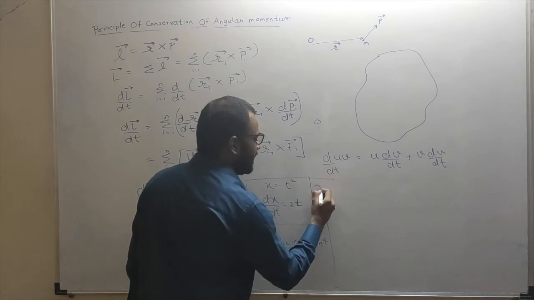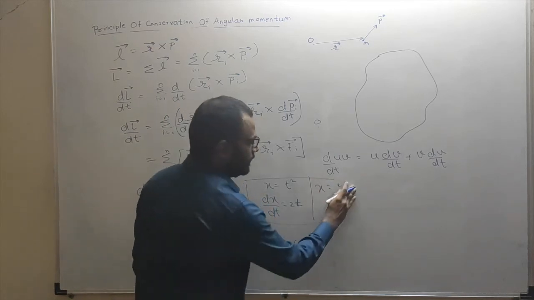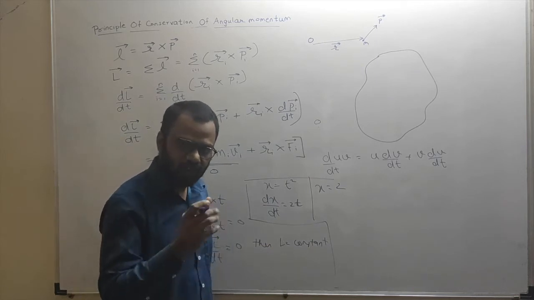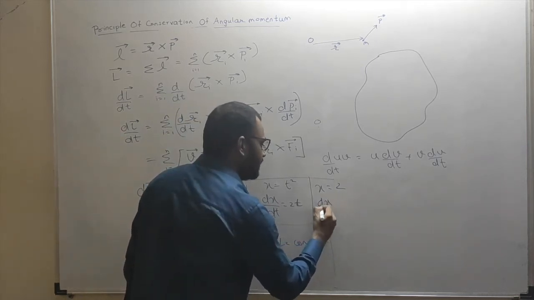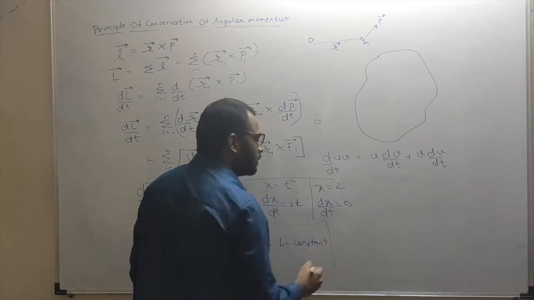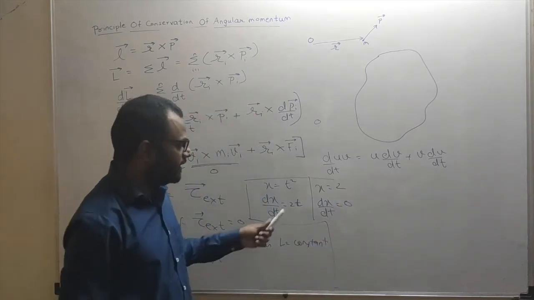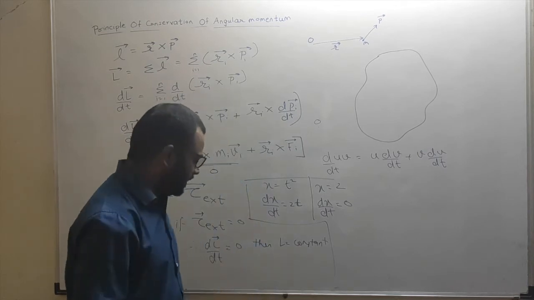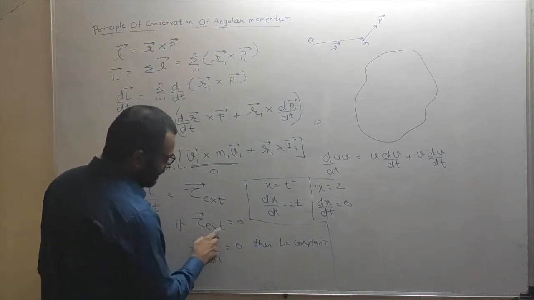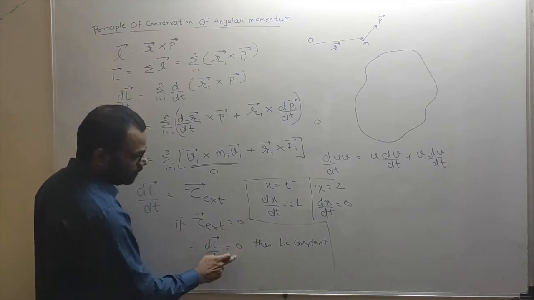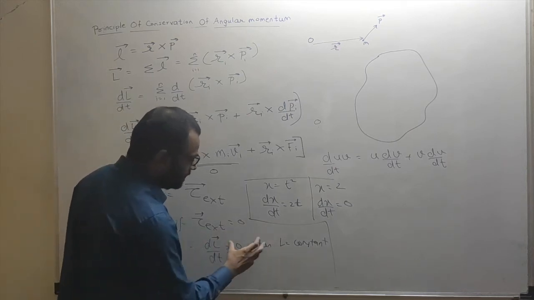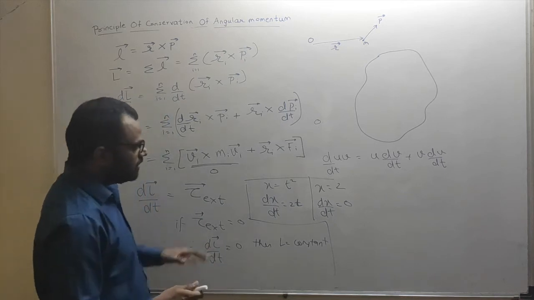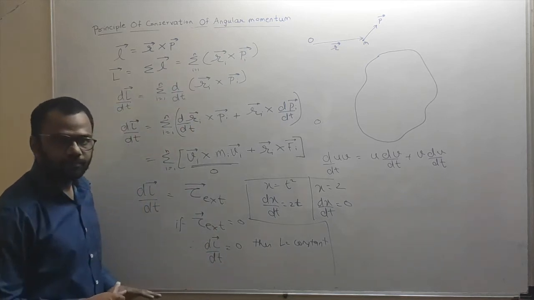But if I say x is equal to 2, then even if time changes, x will remain 2 because it is a constant. So dx by dt will be equal to 0. Or we can say if dx by dt is 0, then x must be some constant number. In the same way, if tau external is 0, then dL by dt is equal to 0, which means L must be some constant number. Getting this? Okay.